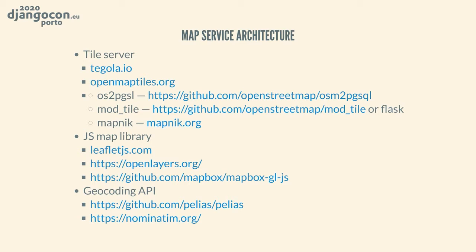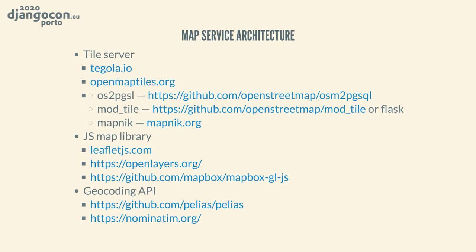Nowadays there are open source components which allow you to build all parts of a spatial service. For the tile server, you could use Tegola, OpenMapTiles, or the OSM component by OpenStreetMap, mod_tile for Apache, or a custom solution for Flask to serve the tiles, and Mapnik to render the tiles on the server.